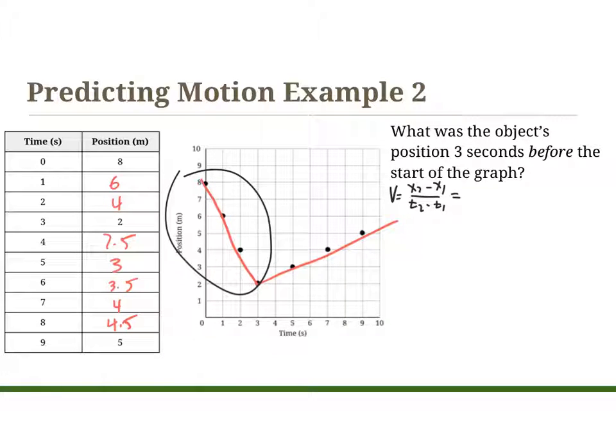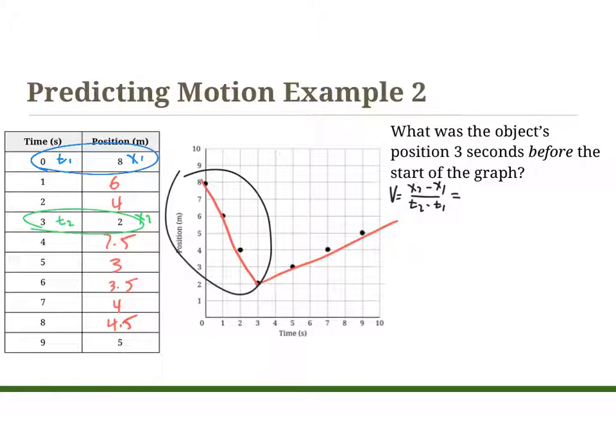I'm going to be focusing on 3 and 2, and 0 and 8, because those are points that I know. So 0 and 8 is my x1, t1, and 3 and 2 is my x2, t2.